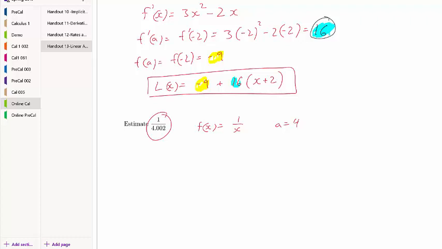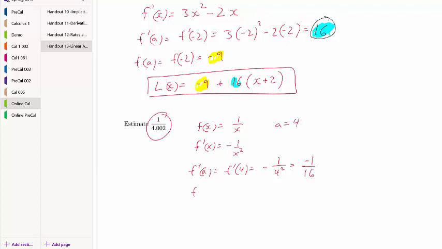Alright, so what is f prime of x? Well, that's simply going to be negative 1 over x squared. And so what is f prime at a? Well, that's the same as f prime at 4. Plug that in, and we get negative 1 over 4 squared, which is negative 1 divided by 16.